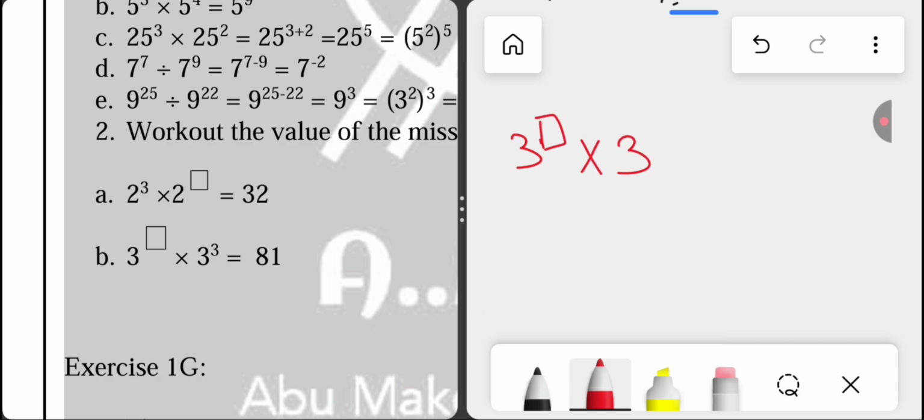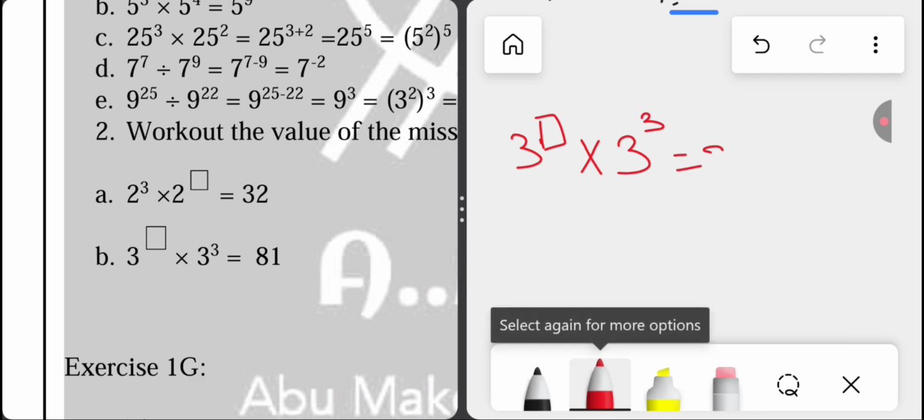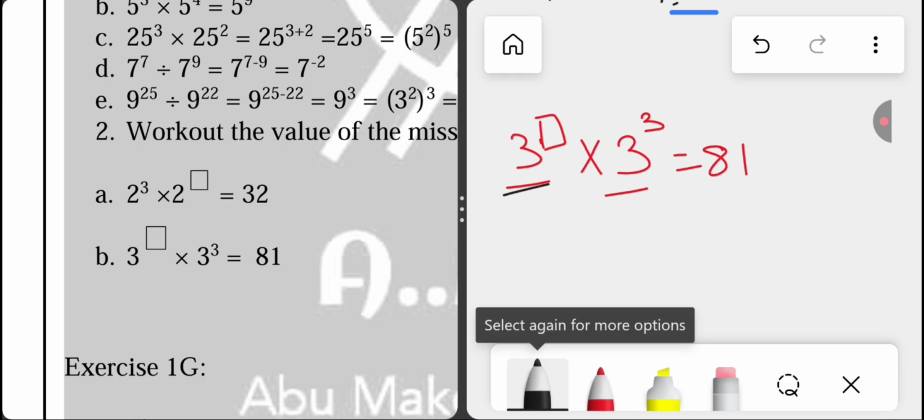3 to the power box into 3 to the power 3 is equals to 81. Now let us see here. The bases are same, right? The bases are 3, and now I have to find out how many times I have to multiply 3 with itself to get 81.